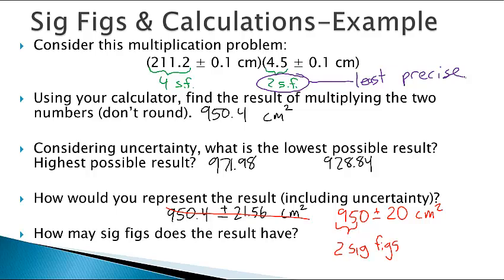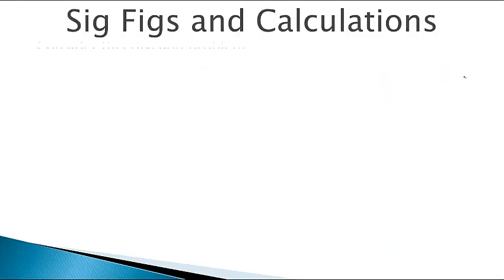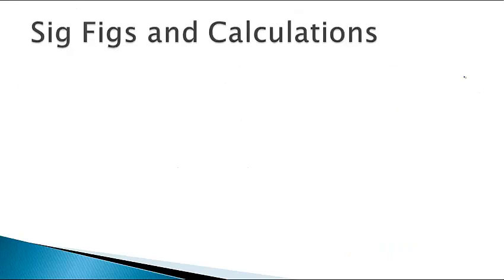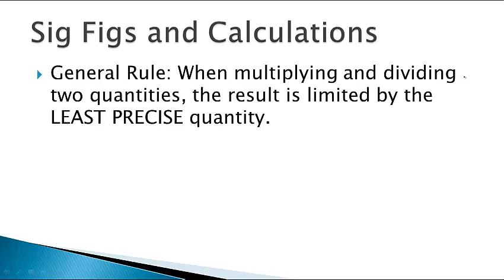So the next slide was, let's generalize what we found here, because this will work out. Anytime you do a calculation with a number with 5 sig figs and 2 sig figs, the answer's still only going to have 2. 10 sig figs and 2 sig figs, the answer's still only going to have 2. So I'll skip the division because we're just going to find the same thing. When multiplying or dividing, the result is limited by the least precise quantity.